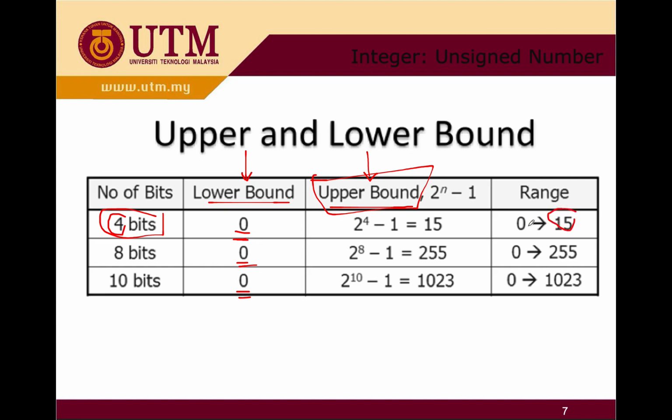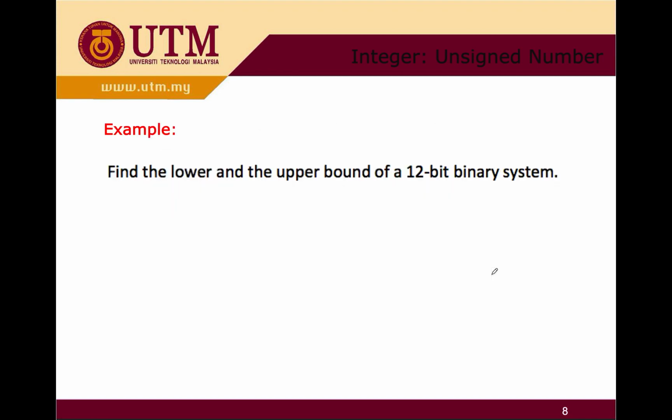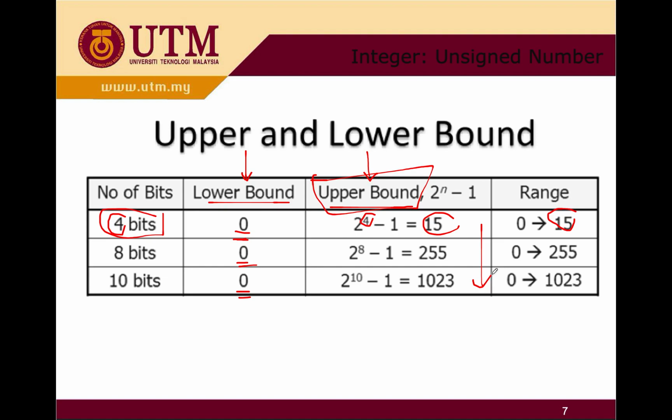Why is it 15? Because of 2 to the power of n minus 1, where n is 4 over here. You can try it by yourself also. This is just more theory. The calculation part is just when you apply it into the formula or equation.